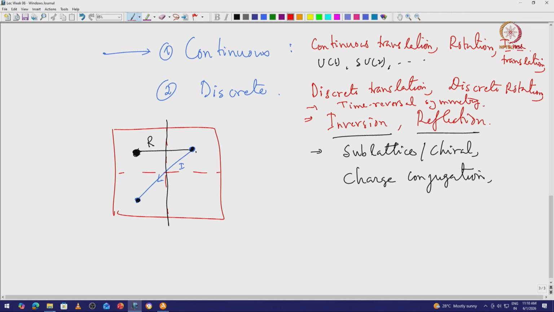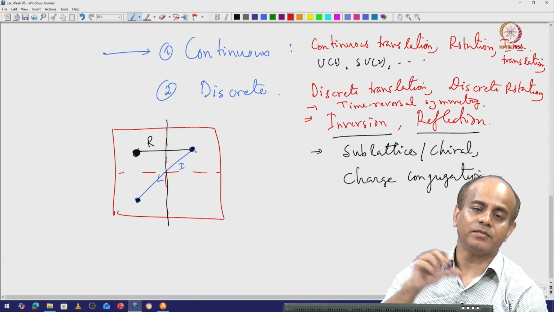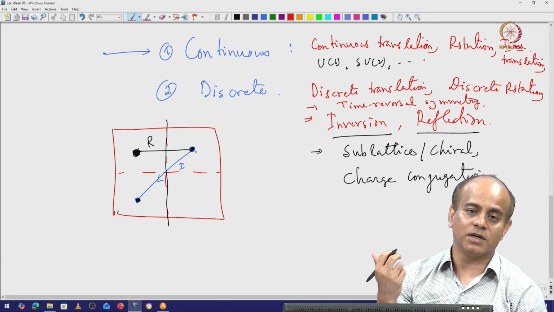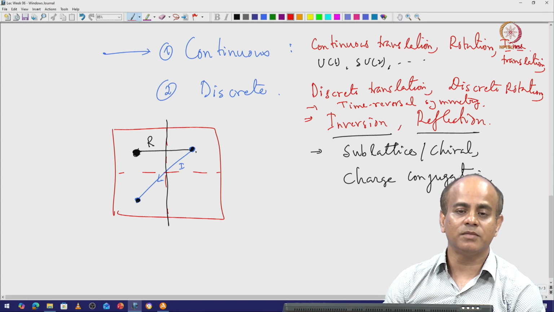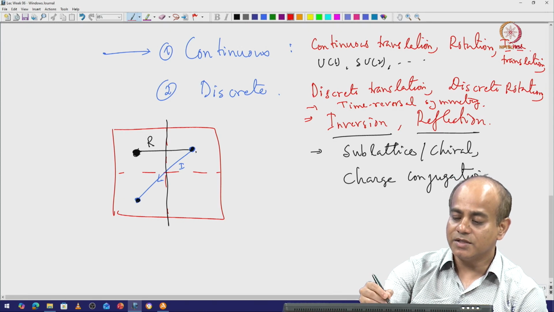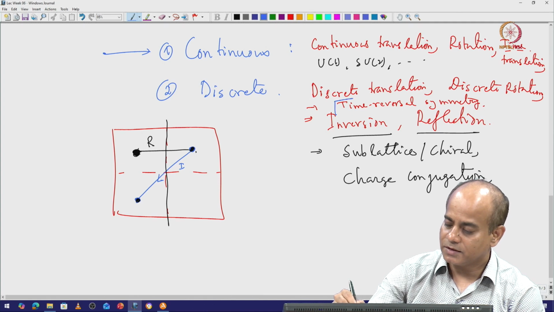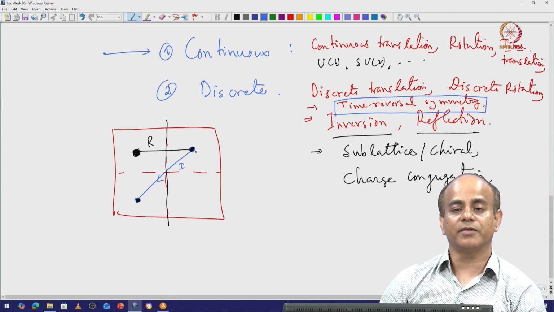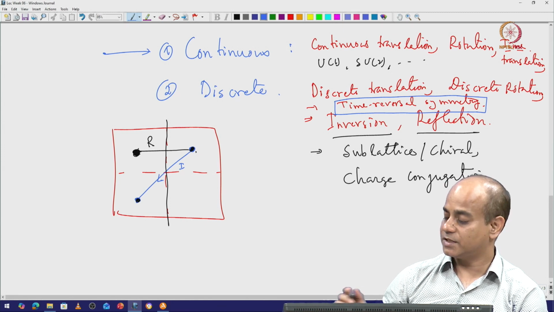Okay. The arrow of time, if I change going forward in time to going backward in time, if things remain the same, then there is a time reversal symmetry, and this turns out to be a very important and unique symmetry, especially for the spin systems that we will talk about.